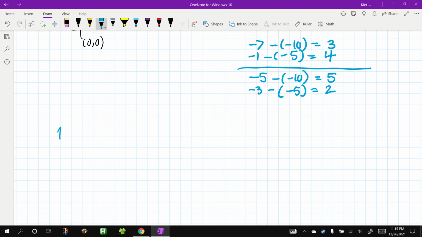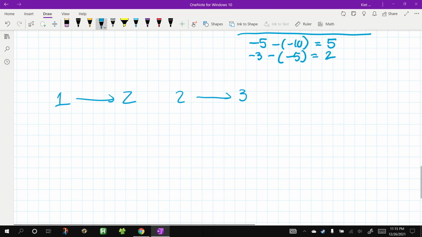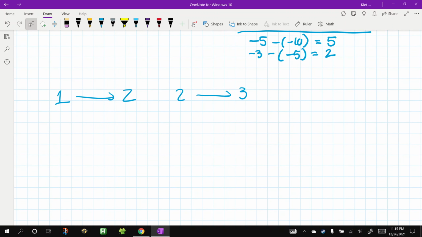So if I knew the translation from 1 to 2, and I had the translation from 2 to 3, then to translate from 1 to 3 is basically to do this translation. So T1, then T2.